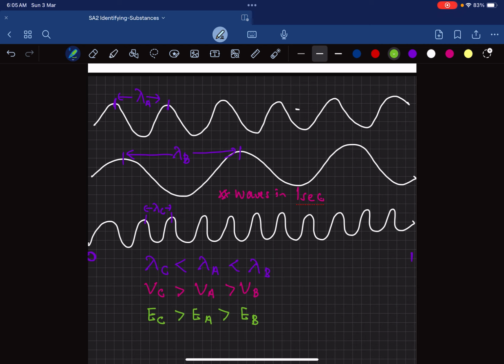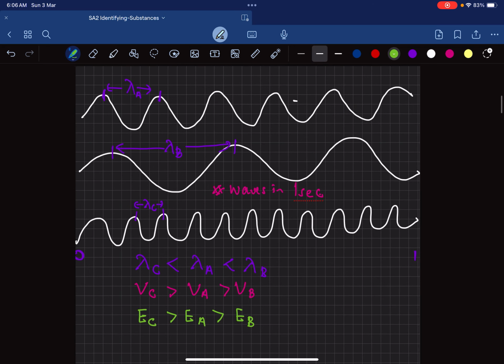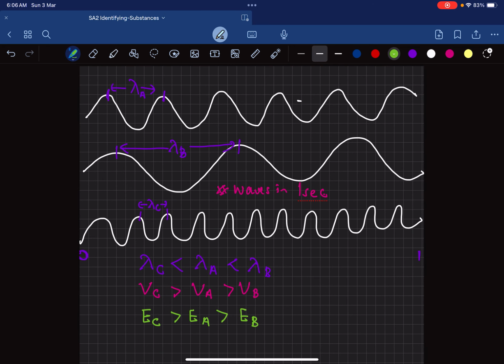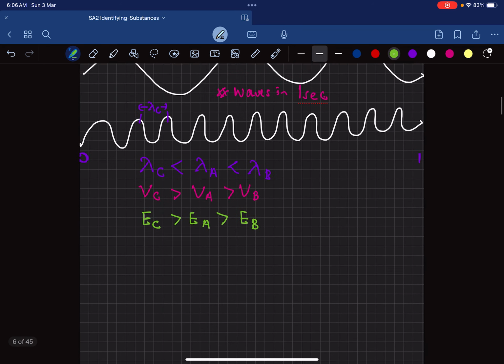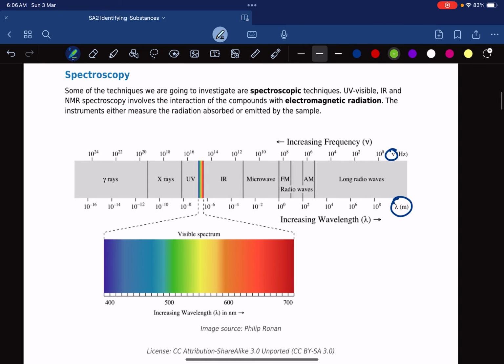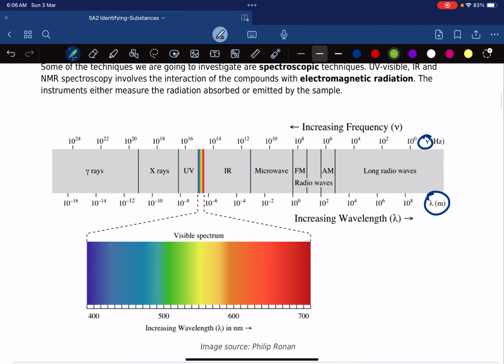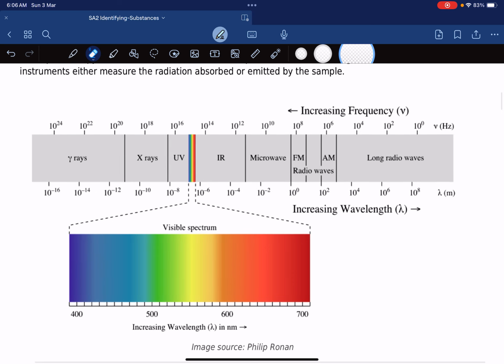If this is the wave pattern in every second, the energy content of C is the greatest. It has the greatest amount of energy compared to the other two. So the moral of the story is this: when all of this comes from the sun, they all bring different amounts of energy.